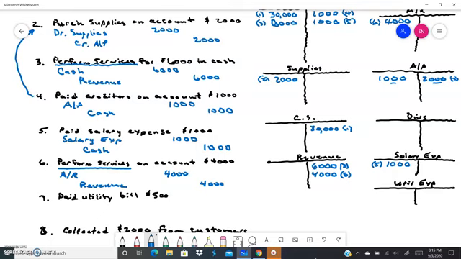So we have utility expense, and expenses are always debits, $500. And we paid cash. Cash decreased. A decrease in an asset is a credit, $500. So $500 credit. And that's item 7. And utilities expense, again, always a debit.